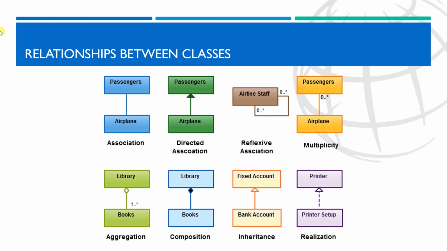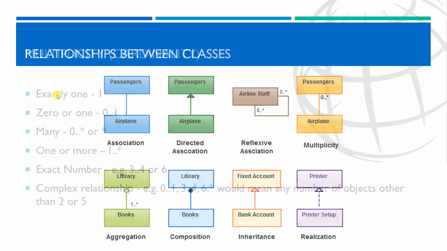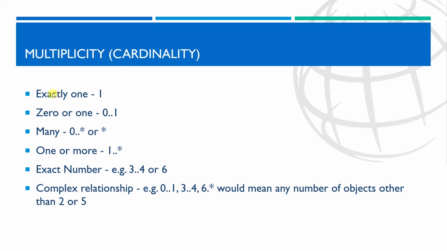And for multiplicity, we have some different ways to express relationships. For example, exactly 1, we just put the number 1. For 0 or 1, we use 0..1.